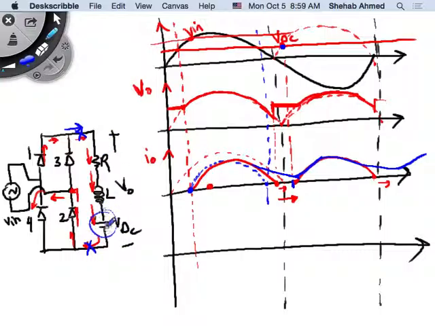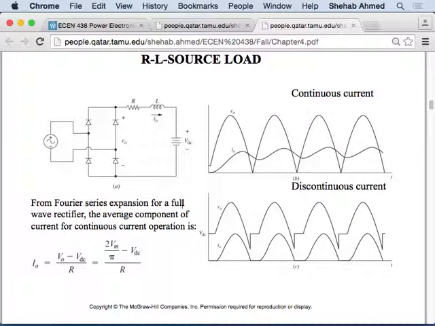When was the output voltage equal to VDC? When current was not flowing. So now the output voltage is not going to be VDC at all. It's always going to be equal to the input voltage, right? Only at the beginning when you're first ramping up, and that's what they draw here. So only at the beginning they have a little bit of a VDC here, right?